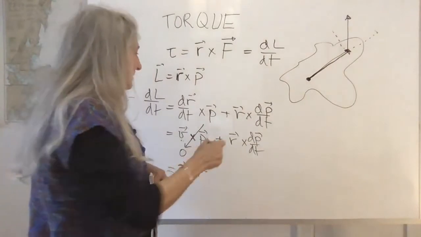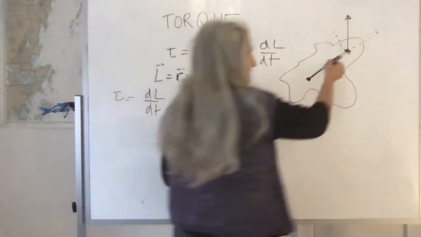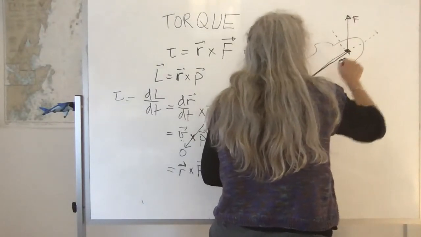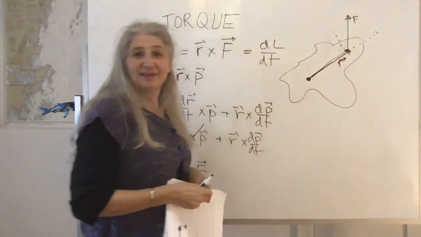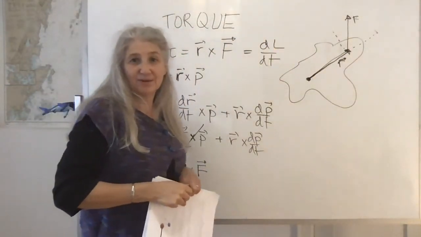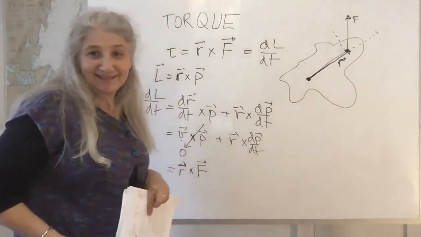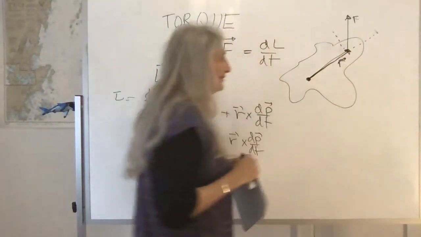And that's what R cross F essentially does: it removes the component of the force. So this is force, and this is the radius inside the rigid body. It gets rid of the part of the force that's parallel to the vector from the center of the body.